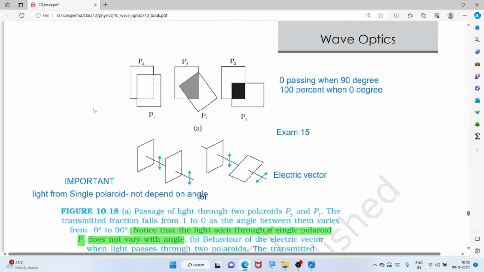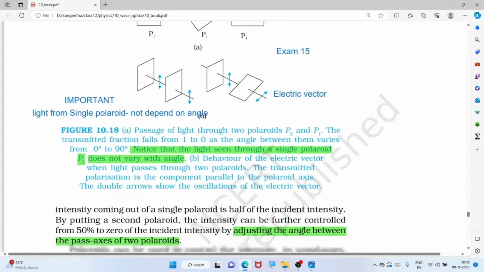If you adjust this, where they are parallel, all light will come out. If you adjust the first one, you won't see any change in the output intensity, because the input is unpolarized light.